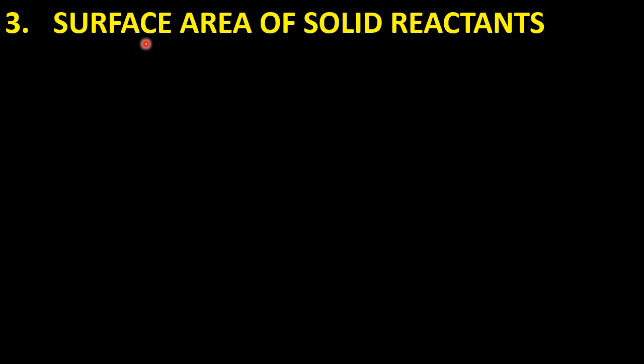All right, so surface area of solid refers simply to the size of particles. Bigger particles or smaller particles. So how does this affect the rate of chemical reaction?